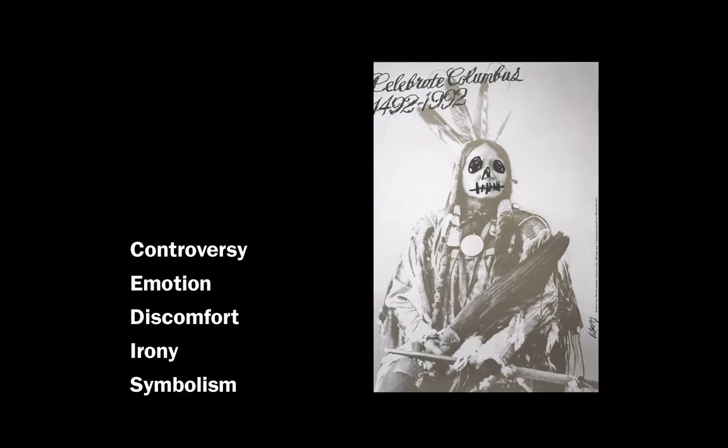Simply taking that image, altering it with the type, and then drawing over the Native American's face, you get this sort of ironic message of "celebrate Columbus," and his whole thing here was raising issues of genocide, raising issues of casting aside Native peoples, and really destruction of a culture in many ways, or attempts to, at least.